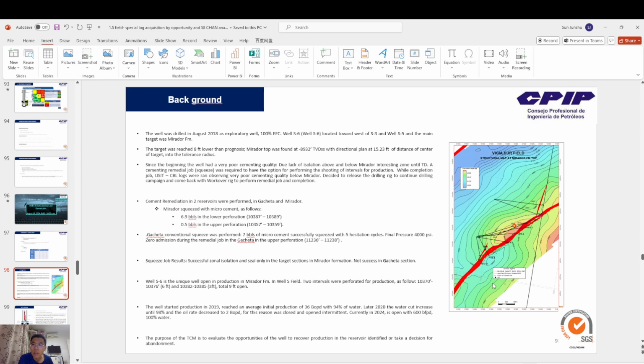While completing the job, USIT CBL logs were run, observing very poor cementing quality below Mirador. It was decided to release the drilling rig to continue the drilling campaign and come back with a workover rig to perform the remedial job and completion.